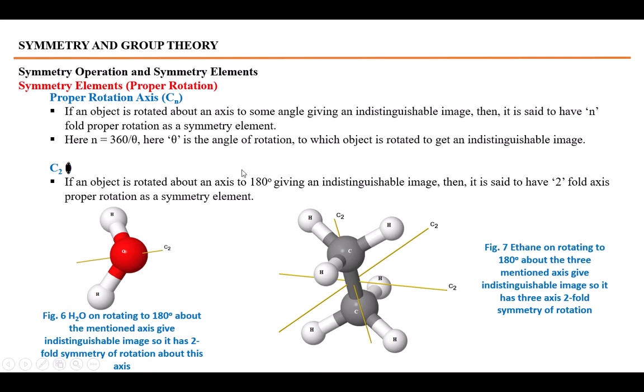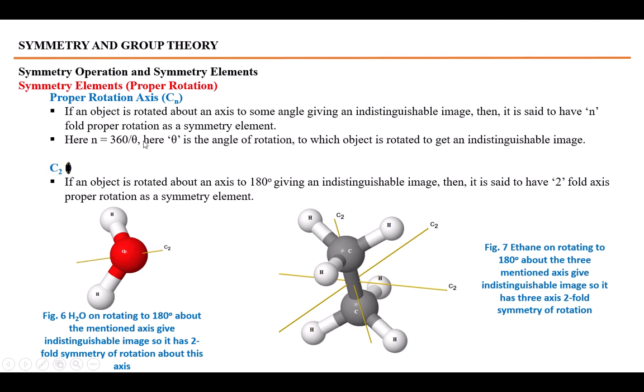It means if you are rotating an object about any axis through a 360-degree rotation, the number of times it gives you the indistinguishable or same image will be called the n-fold proper rotation in that object.